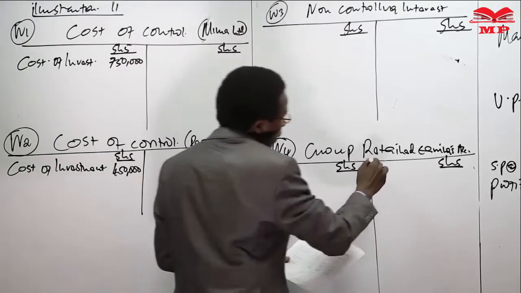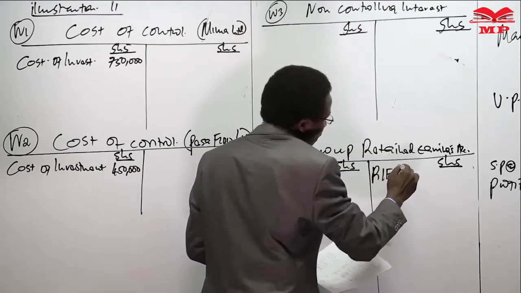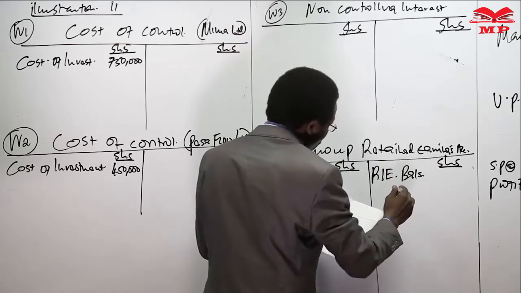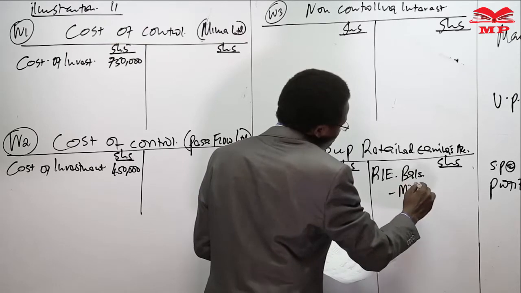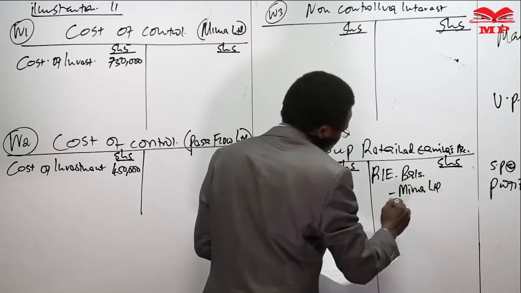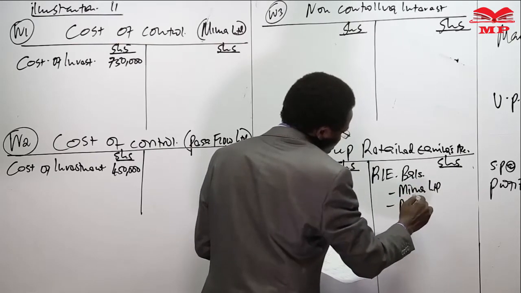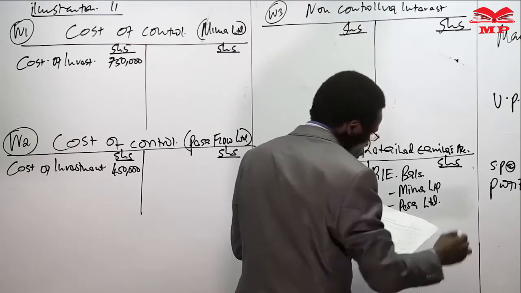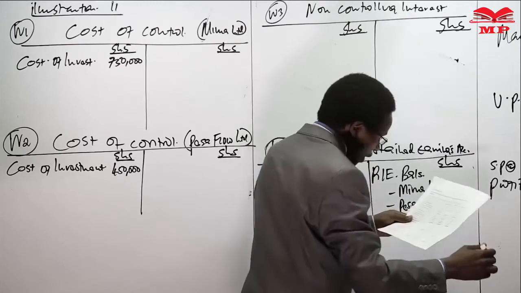Then we also have the retained earnings balances, for Mima Limited and Pesaflow Limited. We have the retained earnings.